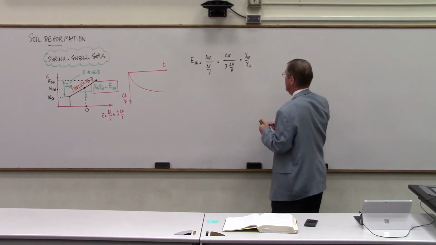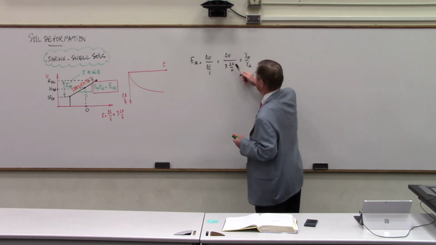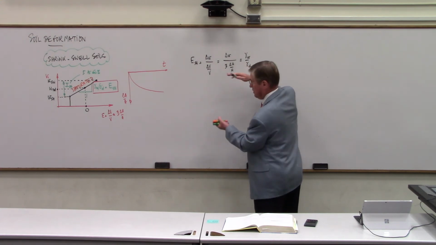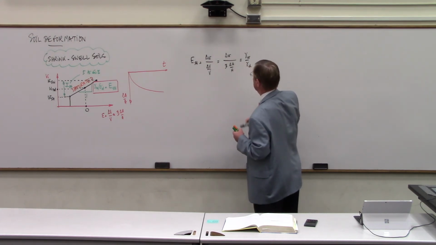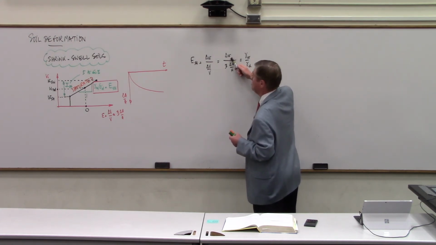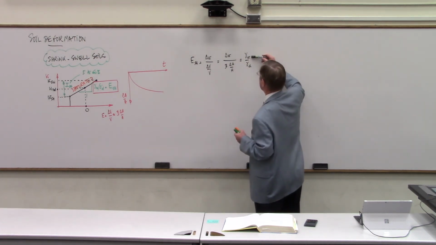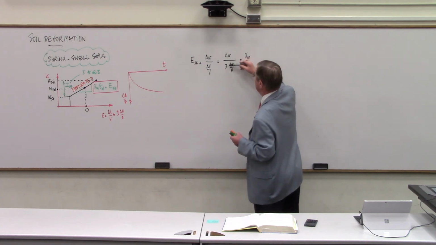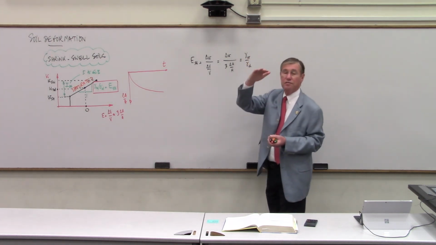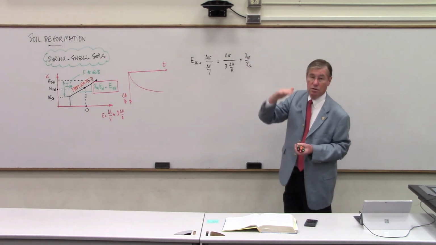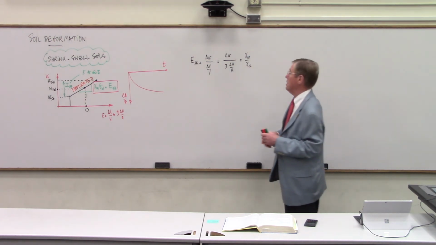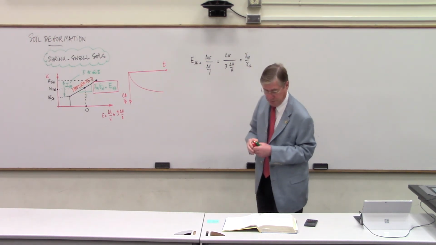You can see that if I know the thickness of the layer under the foundation, and I know how much the water content is going to change, knowing gamma W and gamma D, I can calculate how much the heave or the swell or the shrink is going to be under that foundation.